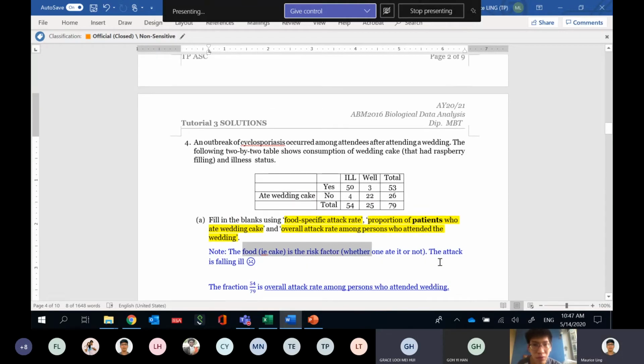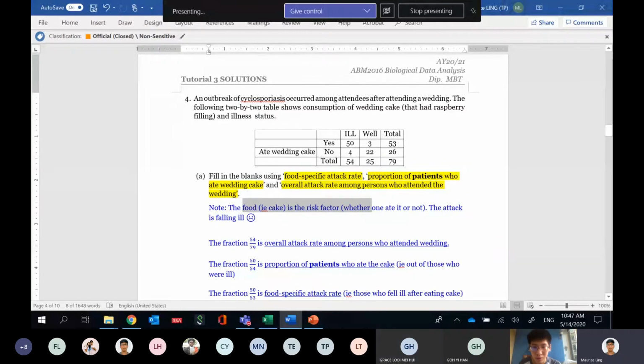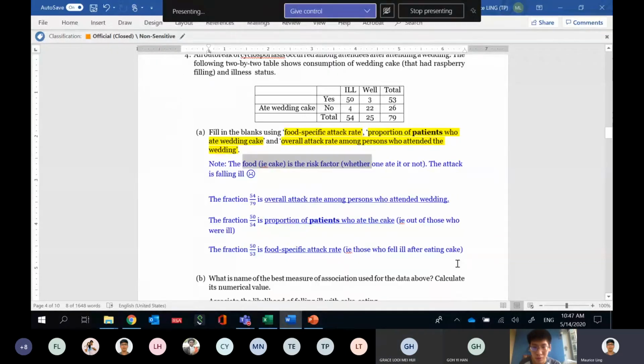So the overall attack rate of people who attended the wedding. So the next one, 50 over 54 is the proportion of patients who ate wedding cake. Yes. Then the last one will be the food specific attack rate. Okay. So you should have these 3.